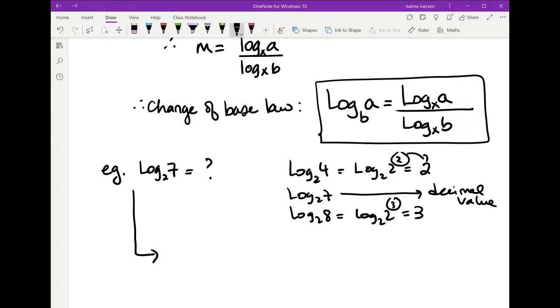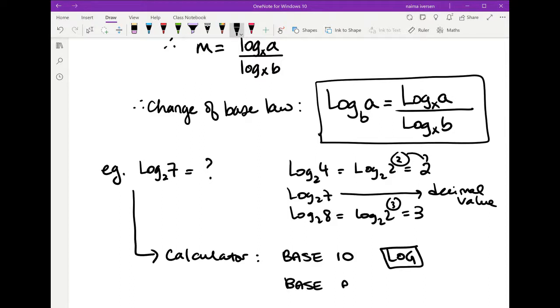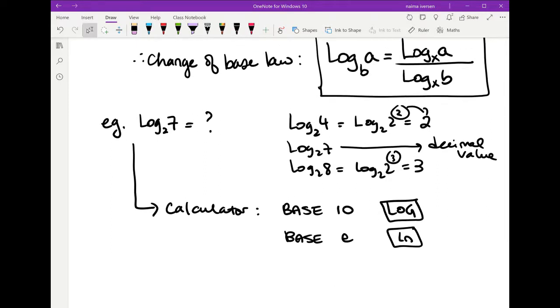So to use our calculator, we have to recognize that our calculator only works in base 10, that's our log button, or base e, that's our natural log button. And it really doesn't matter which one you use when you're going through this. You can use the log button or you can use the natural log button.